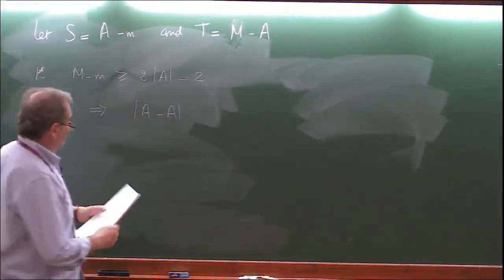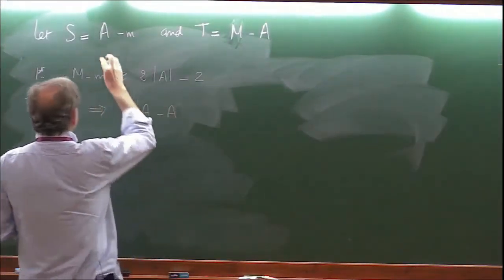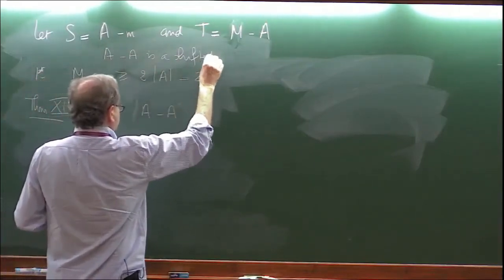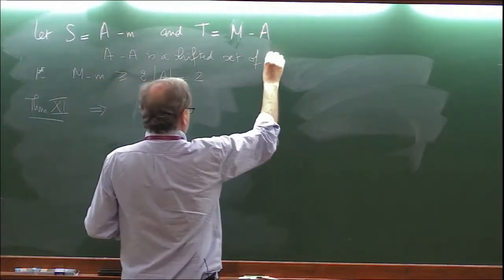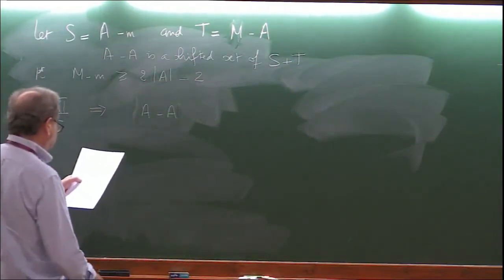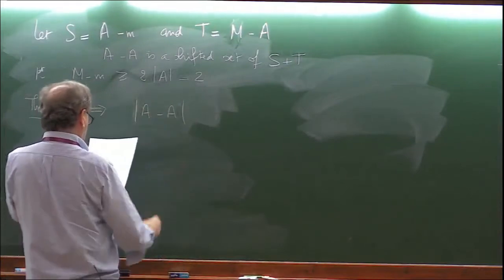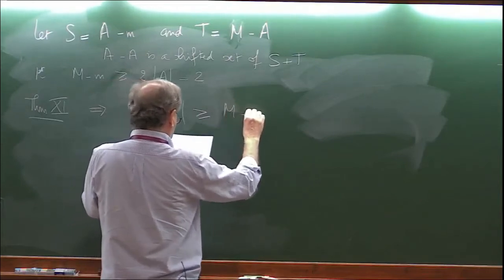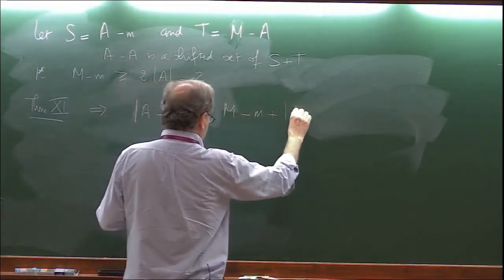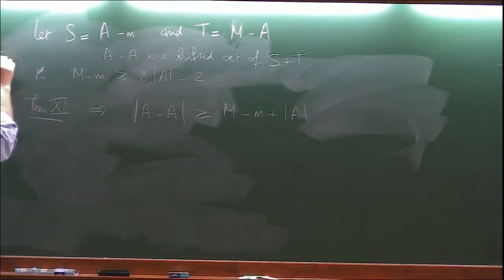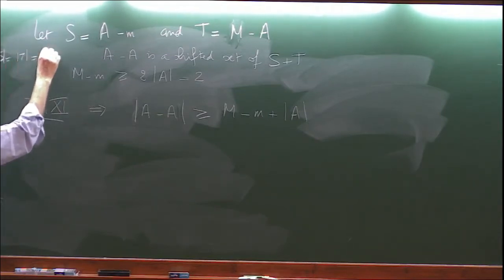A minus A, let us write in general, A minus A is a shifted set of S plus T. So the size of A minus A, this is S plus T, is larger than M minus little m plus the cardinality of A. Of course, you also have that the cardinality of S is equal to the cardinality of A. Okay?